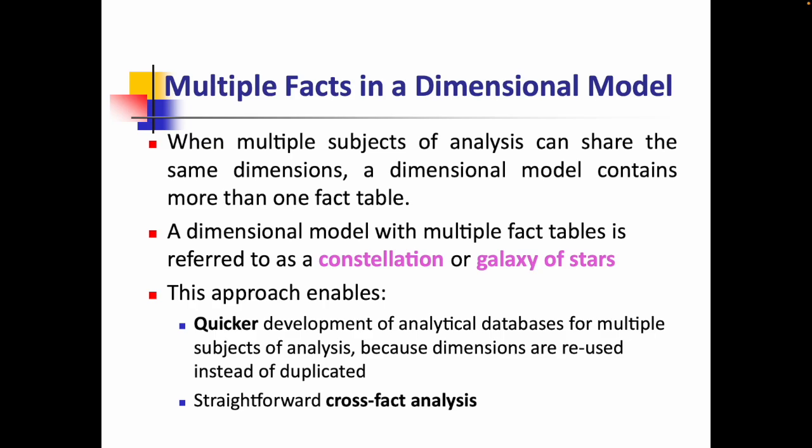Whatever exists in our operational database, and second, whatever is relevant, right? Can you think of a scenario where we have more than one fact table? You can think about an example where you want to analyze more than one subject. Can you think of that?